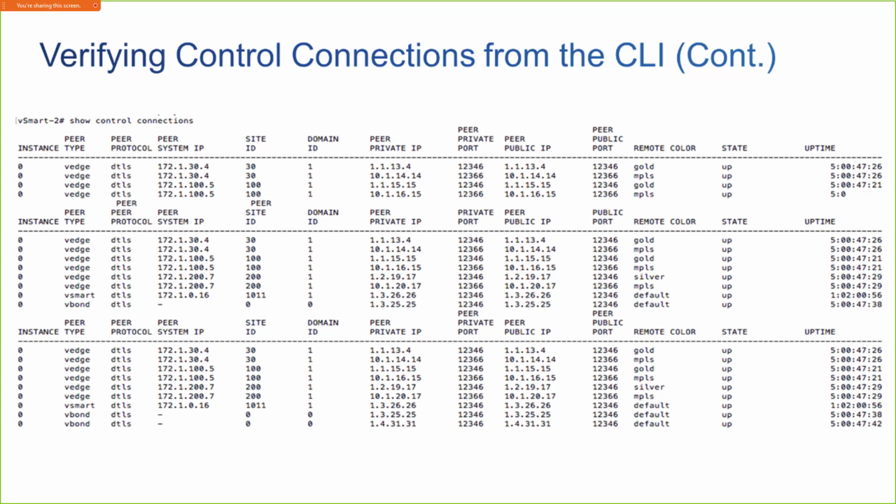Now there's some others we might see: VBTMO, VMTMO, VPTMO, VSTMO. These are timeouts to the different controllers. Basically, we've lost reachability to specific controllers, and so on. All right.